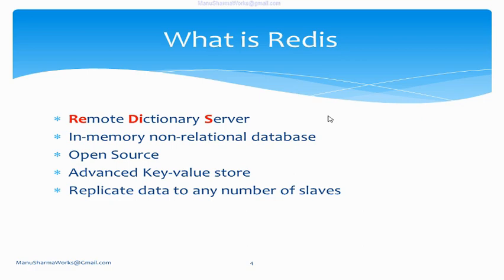So even after restarting the server, we will get the information that we saved in the database earlier. And since it replicates to multiple slaves, if any of the slaves goes offline, our data is still safe.